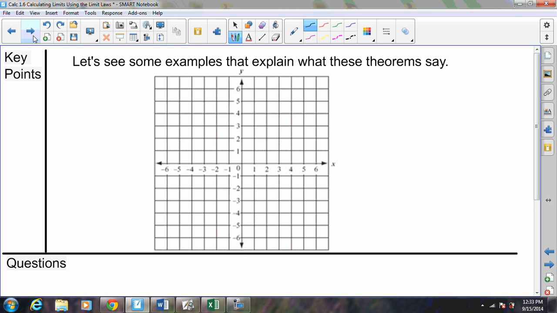So let's say here is the graph of f of x. And then here is the graph of g of x. If we are looking at the limit as x approaches 1, what is happening to it?